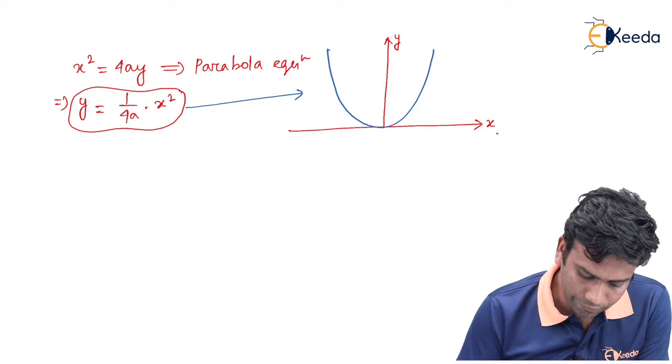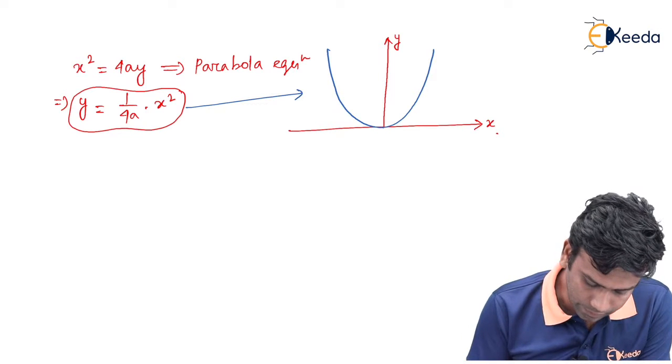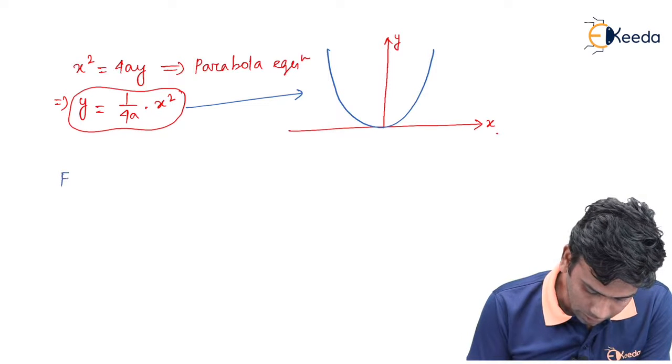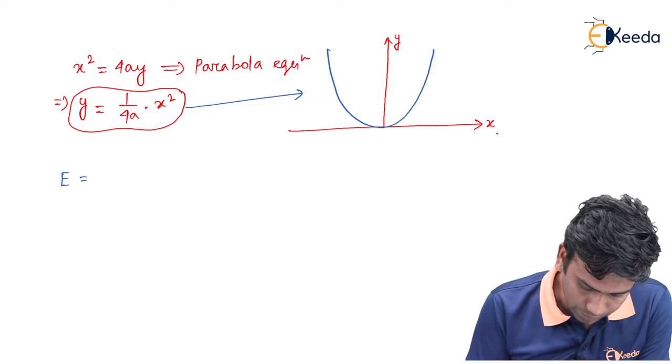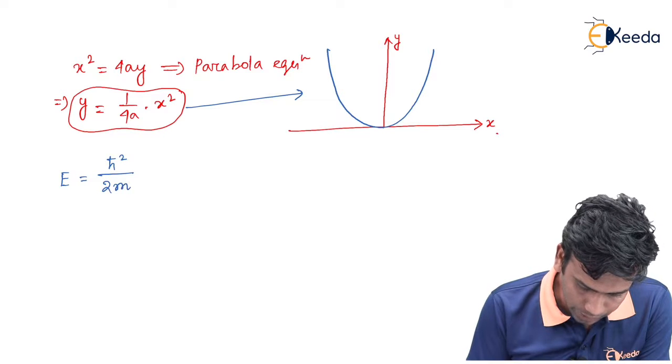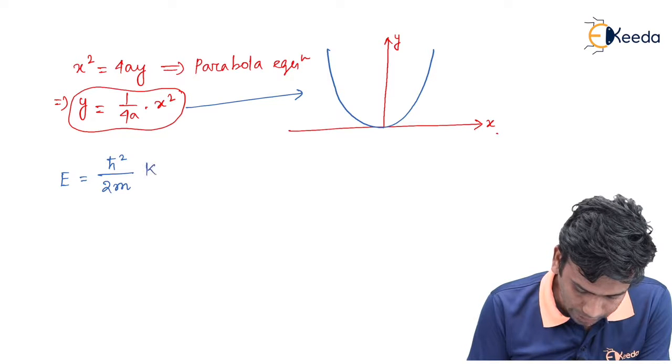So we have found the equation like this: E is equal to h cut square by 2m into k square.